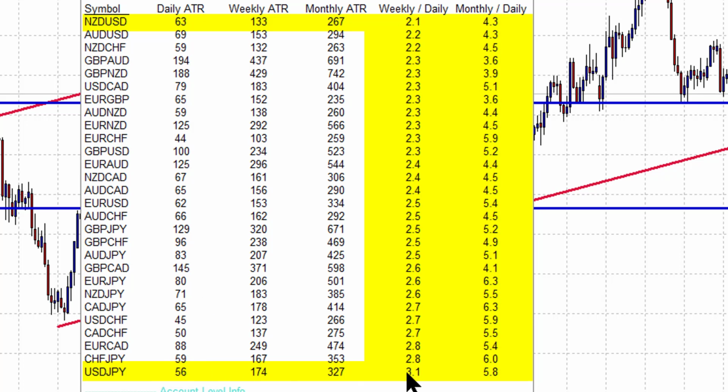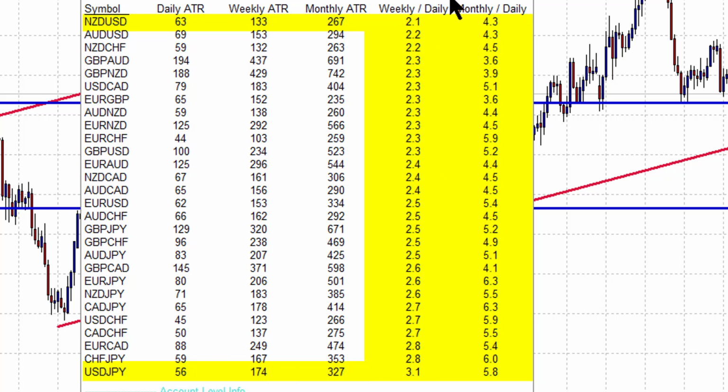So this ratio now is 3, but it's still the highest of all currencies. And this ratio is 2. It is the lowest of all currencies. It says that this currency is less volatile than that currency in terms of trending. So this one is a less trending currency and that one is a more trending currency.